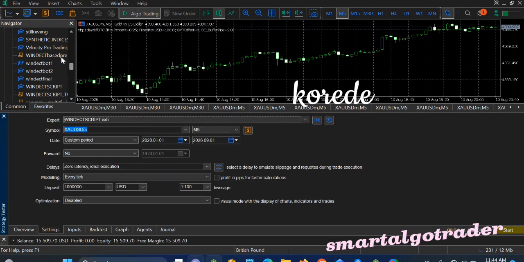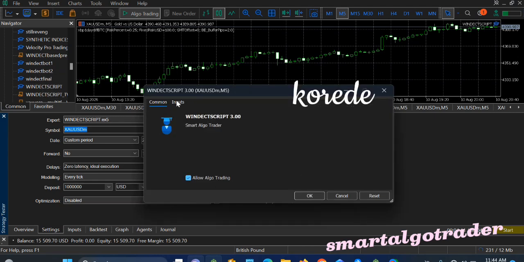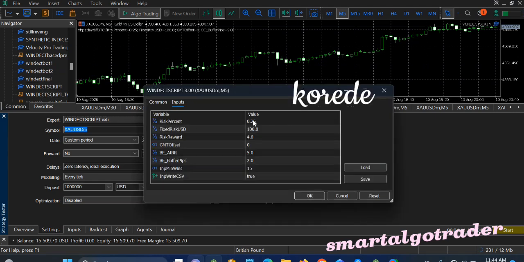Now if I click on it, can you see? You click on the input. So as the trader, you can change some information. Maybe the risk percentage, you want to make it 1 or what it was before. You want to change your risk reward, or anything else. So inputs are the things that you can edit even when you don't have access to the source code.